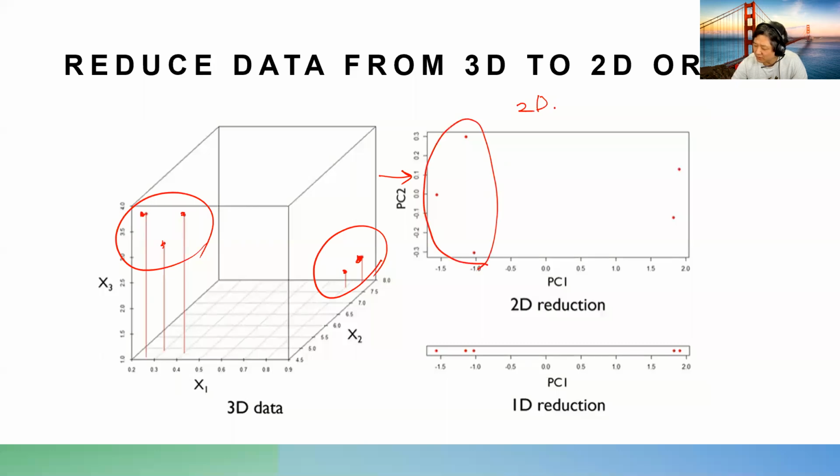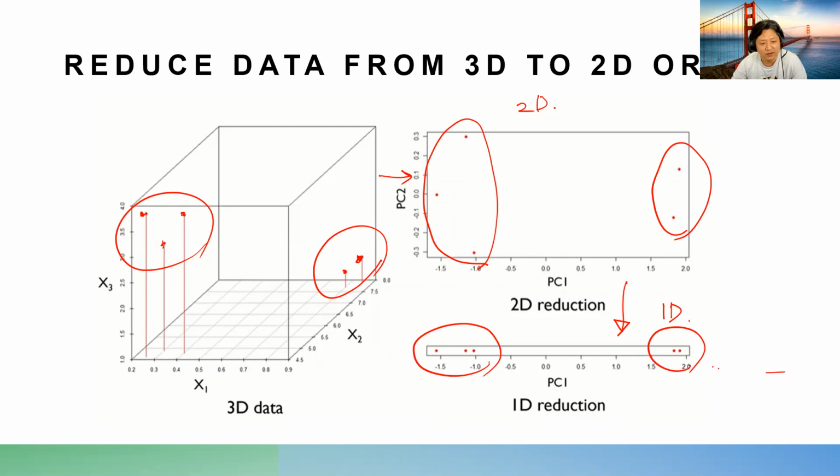This is one group and this is another group, right? And then if we reduce to 1 dimension, this is one group and this is another group, right? So we can still keep the important information, but by reducing the dimensionality, we can make classification analysis or prediction analysis easier. Okay. This is an example.